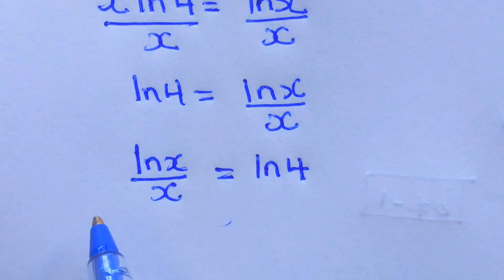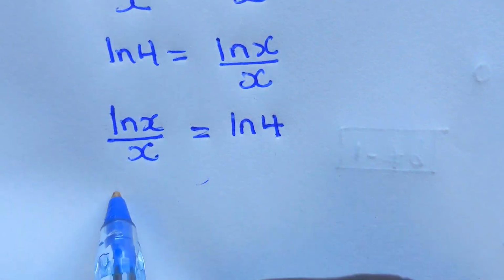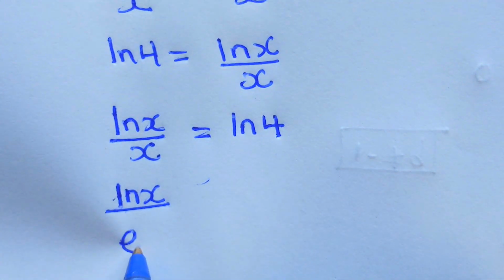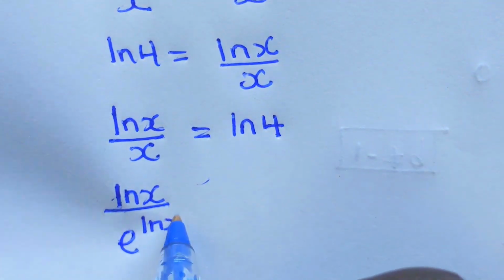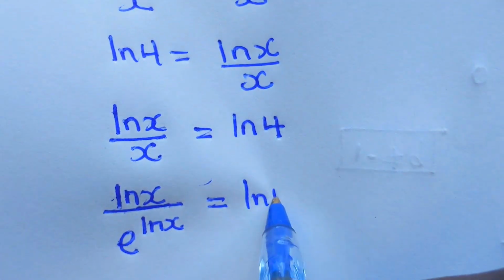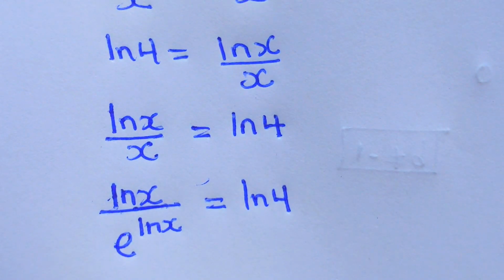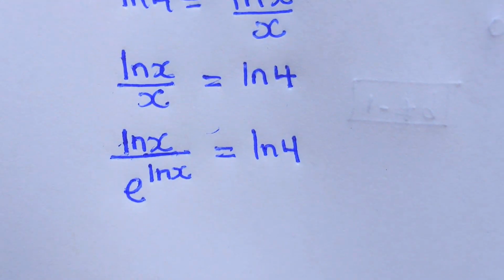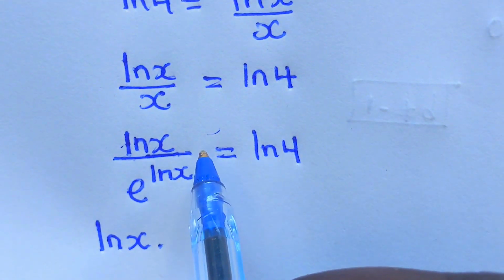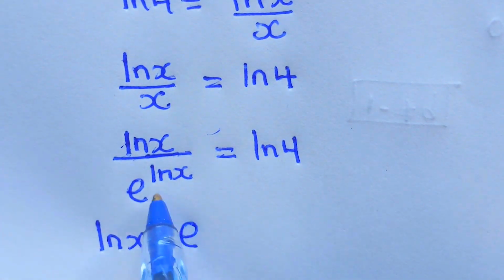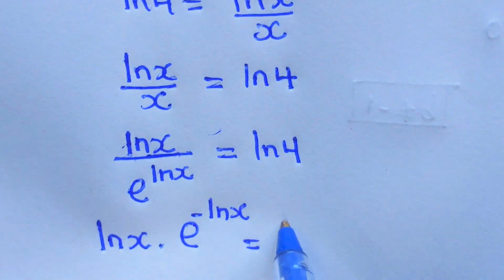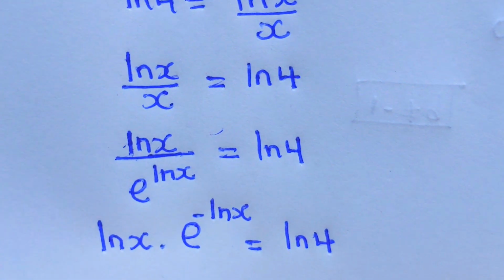We can see that we have ln x here, and this x can be e power ln x, which equals ln 4. Now this is ln x times, by interchanging, e power negative ln x, which equals ln 4.